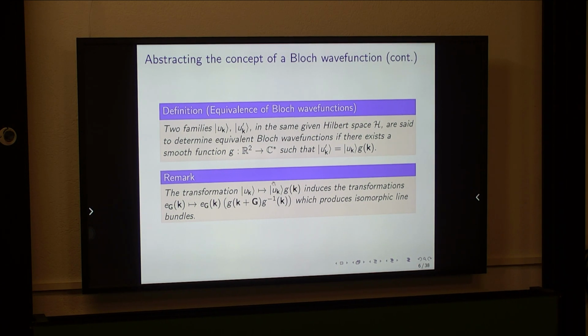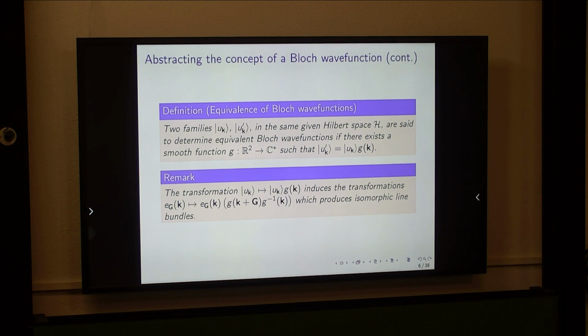So this transformation induces transformations of the multipliers, and this transformation is simply producing isomorphisms of line bundles. So if I have two line bundles that are isomorphic, they give the same Bloch wave function.